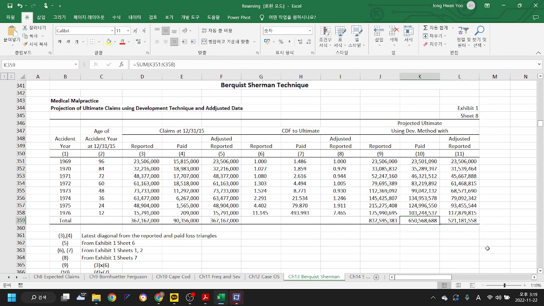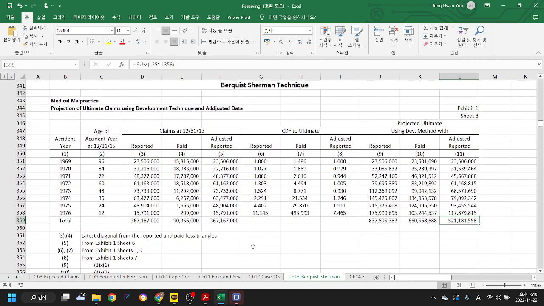It is kind of too early to make a conclusion, but when I restate the historical triangle based on the case outstanding, that shows this smaller ultimate figure, which is quite significant. So this is the first adjustment that they have done.